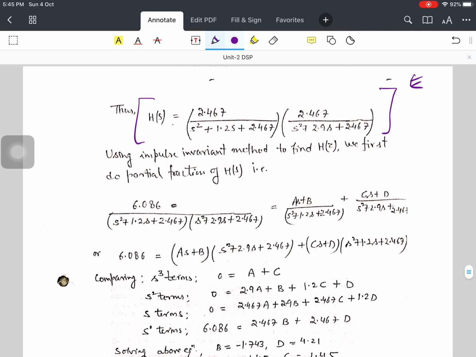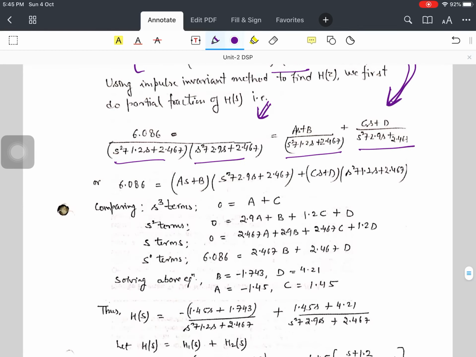We know the impulse invariant transform method. Firstly, we have to do the partial fraction, then we have to calculate the values of the constants A, B and C, D. As you can see here, for doing the partial fraction, when you multiply all these functions we get this function: As plus B upon this function, plus Cs plus D upon this function.